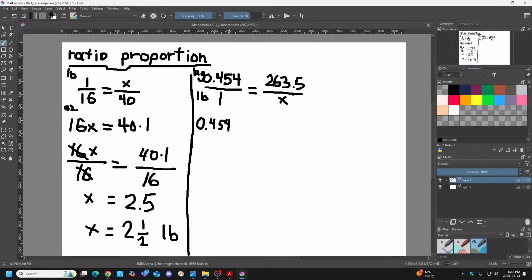0.454. Again, it's really good that if you have a rough idea what the answer is going to be, then you know you're pretty much guaranteed to have the correct answer. Okay, so X times that, and then obviously it's going to be 263.